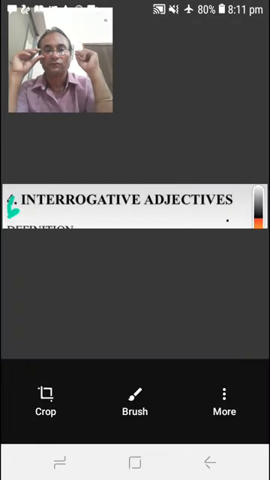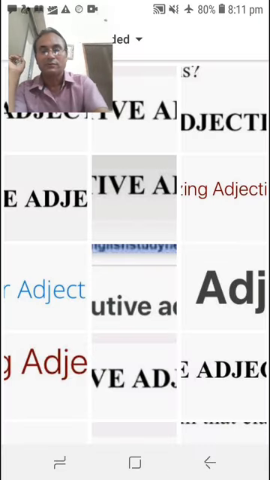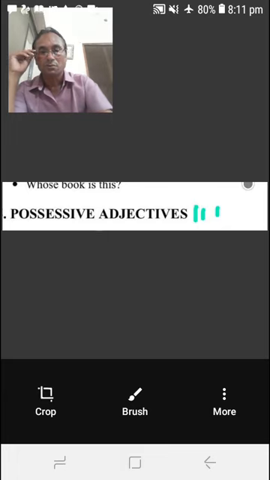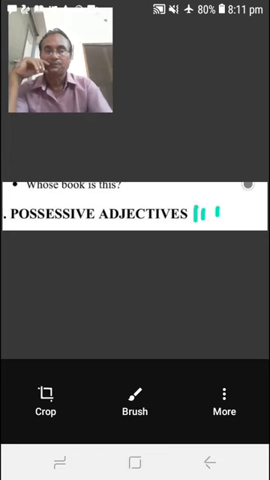Interrogative adjective, we have explained. Now, possessive adjective. Let's see possessive adjectives. Here also there is a little difference between possessive determiners and possessive adjectives.